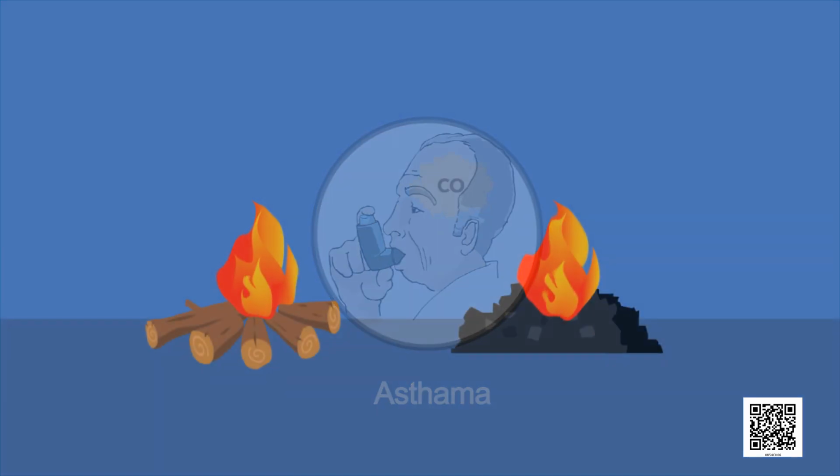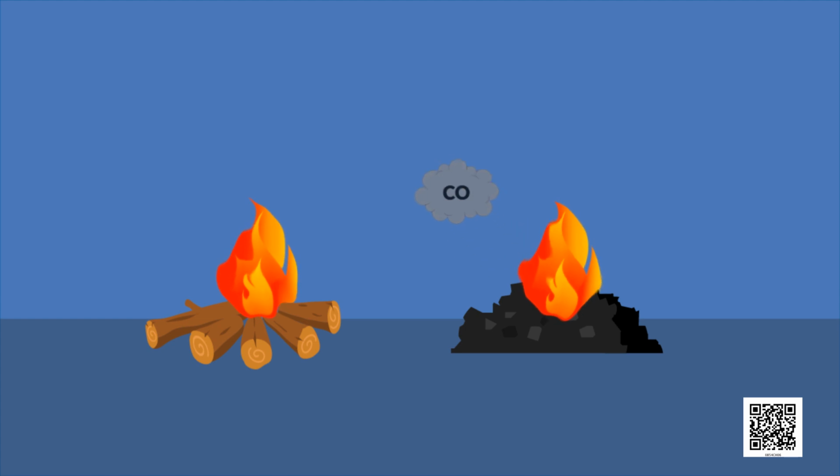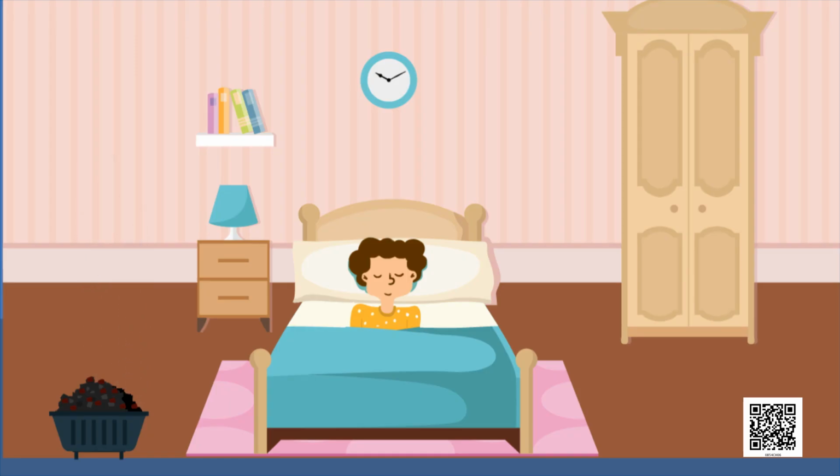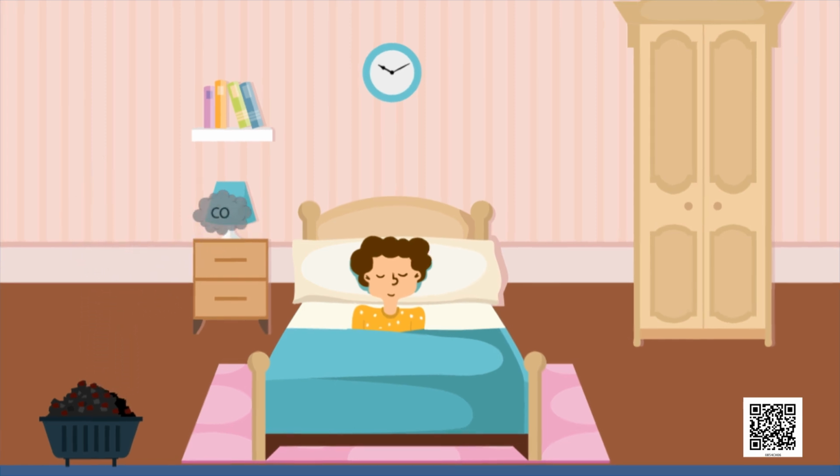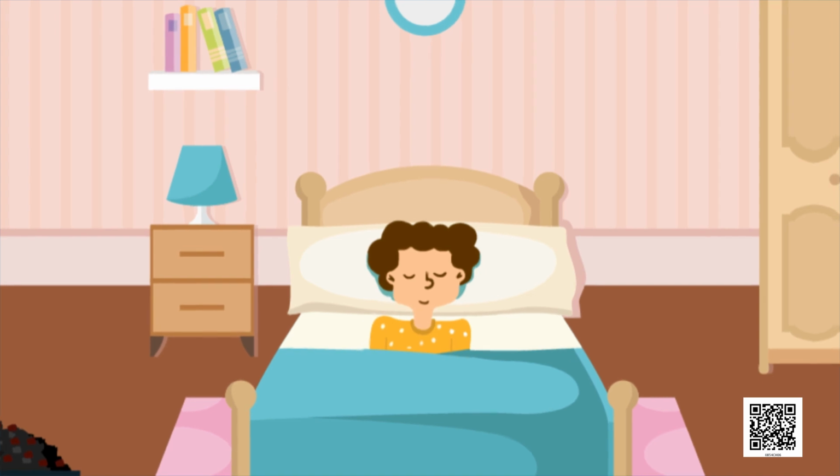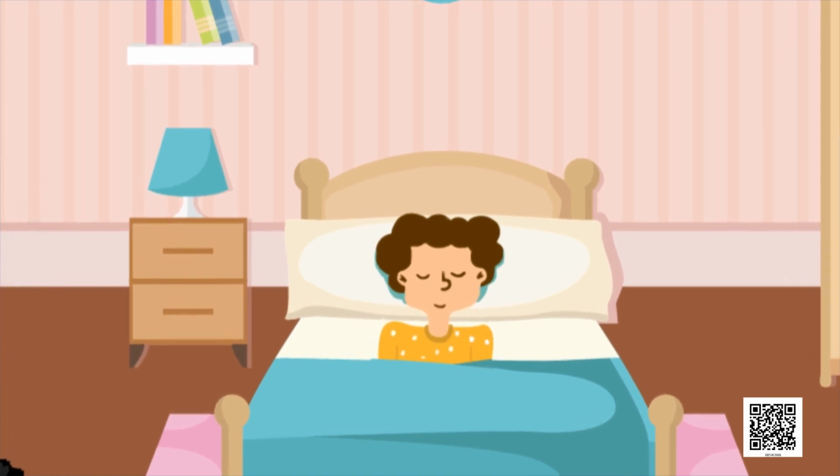Incomplete combustion of these fuels gives carbon monoxide gas. It is a very poisonous gas. It is dangerous to burn coal in a closed room because the carbon monoxide produced can kill persons sleeping in that room.